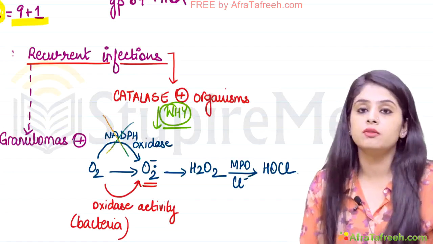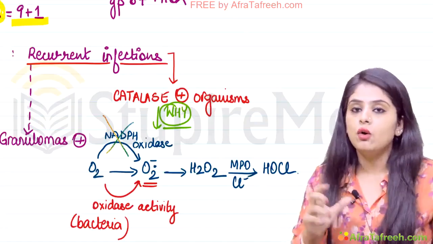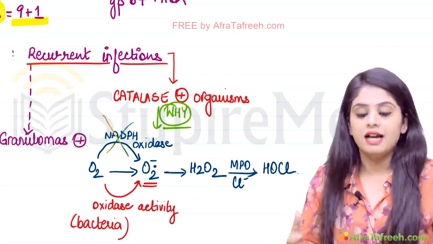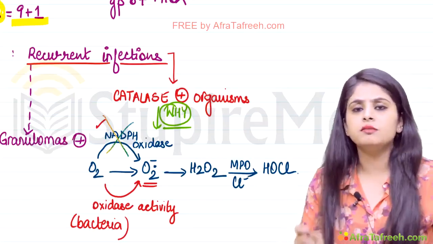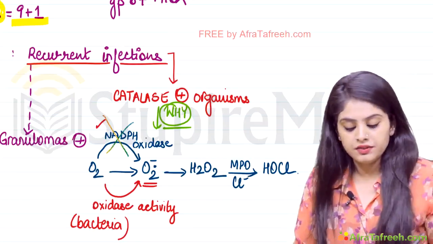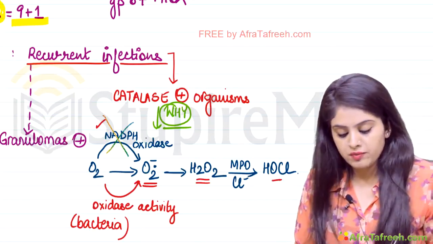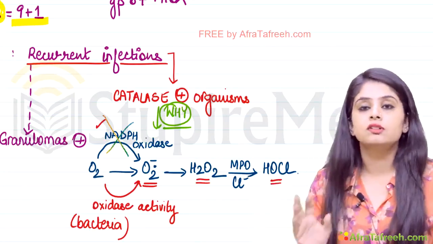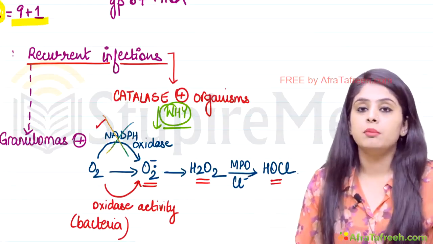It is not that it will not be formed, because organisms themselves have oxidase activity. Although the amount will not be as high as it would have been if NADPH oxidase were present, a small amount will be present. This small amount will then later on form H2O2. So it should form HOCl and it should still cause some killing of the bacteria. But it is not happening so.